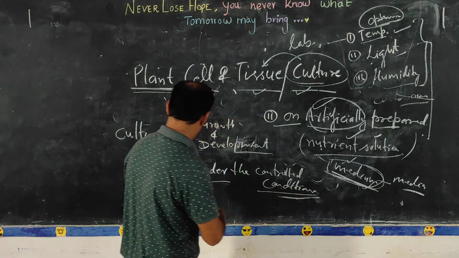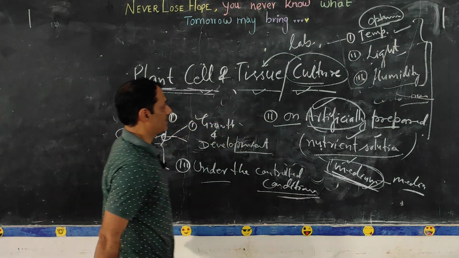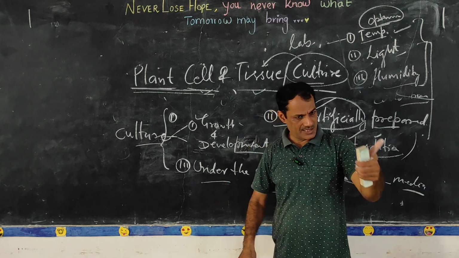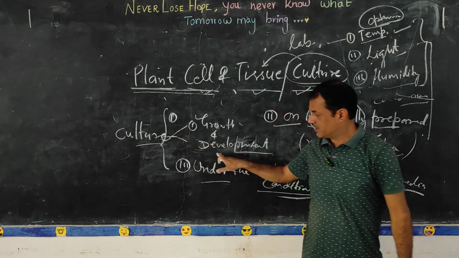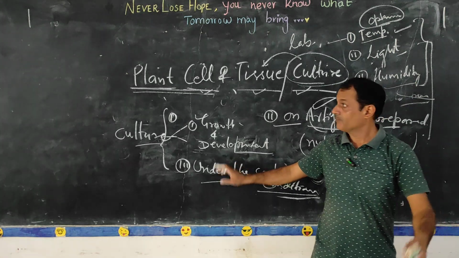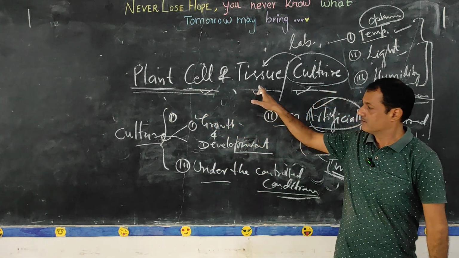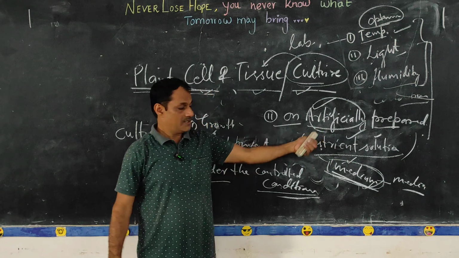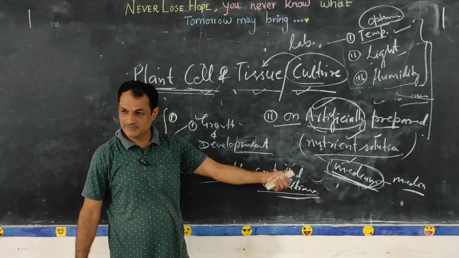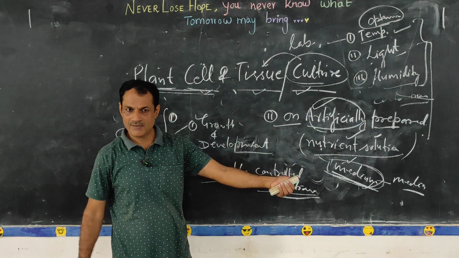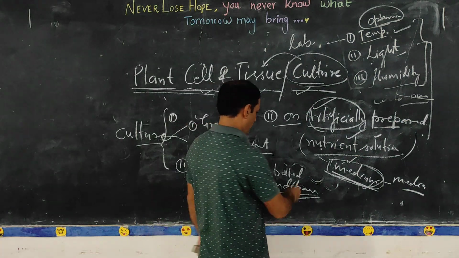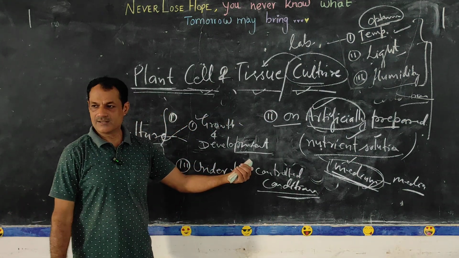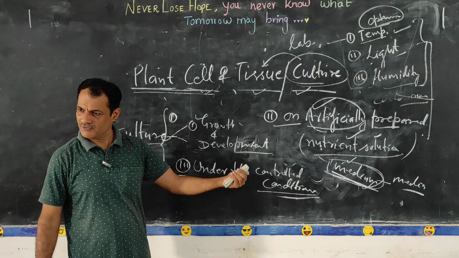In vitro conditions. So let us define again what culture is. Culture means, point number 1, growth and development of plant cell and tissues. Point number 2, artificially prepared nutrient media. Point number 3, under controlled conditions or in vitro conditions.